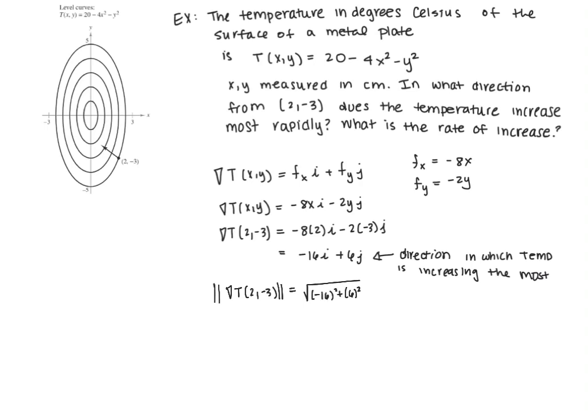And when you type that into your calculator, you get 17.1 degrees Celsius per centimeter. So the temperature is increasing in the direction of negative 16, 6 at a rate of 17.1 degrees per centimeter.